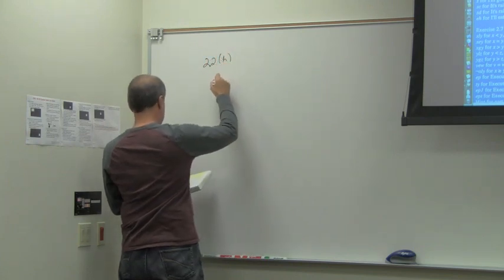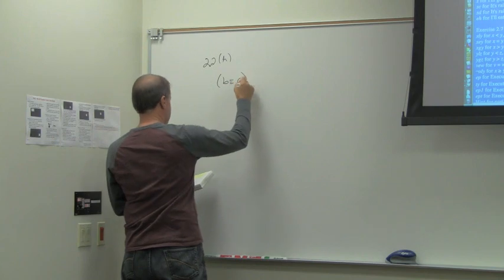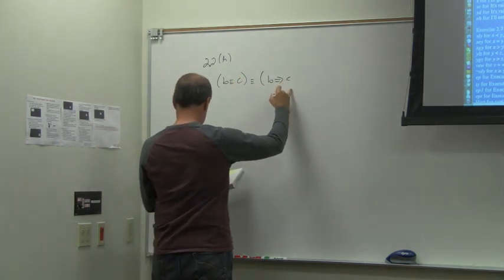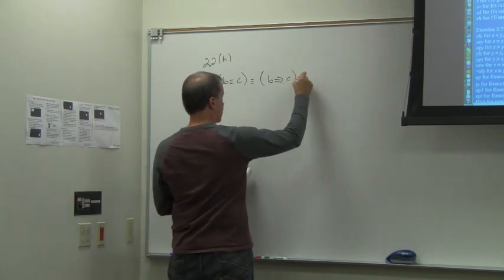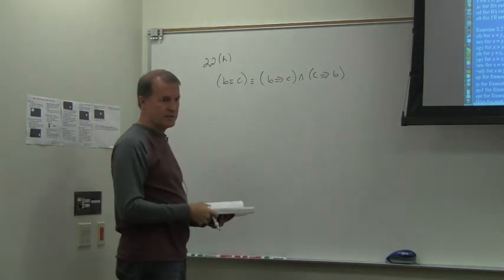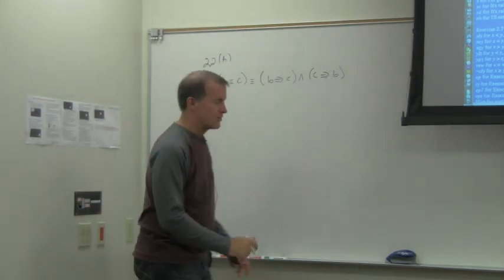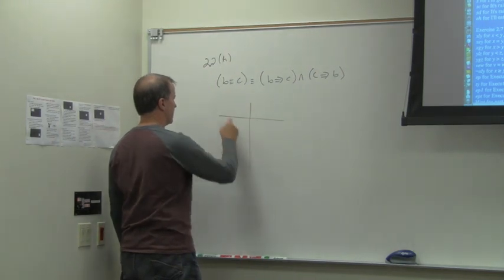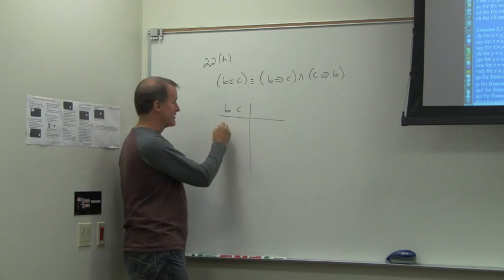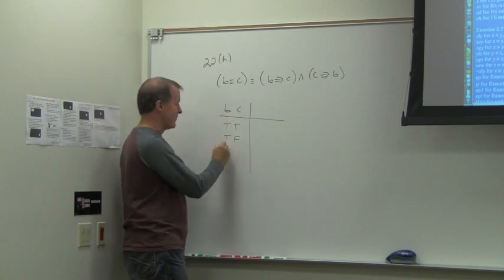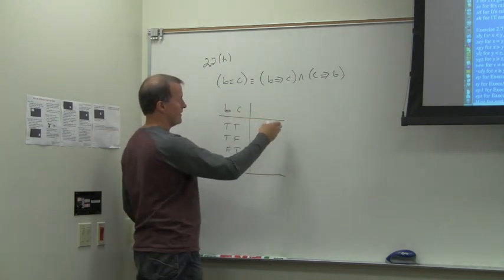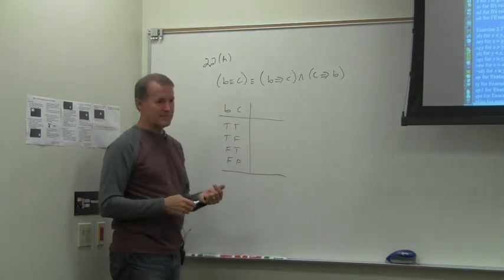Okay, so it's B equivales C equivales B implies C, and C implies B. This is the question, right? So basically what you have to do is go B, C. Now, do you remember the order we said you had to do this in? Yeah. It's T, T, T, F, F, T, F, F. And so, okay, so what's your question?